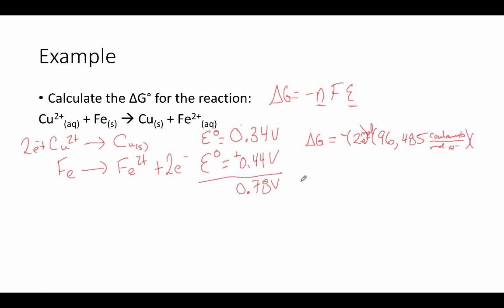And then our voltage is 0.78. 1 volt is 1 joule per coulomb, so that's joules over coulombs. So our coulombs cancel out, our moles of electrons cancel out, and we get delta G is equal to negative 150,000 joules.